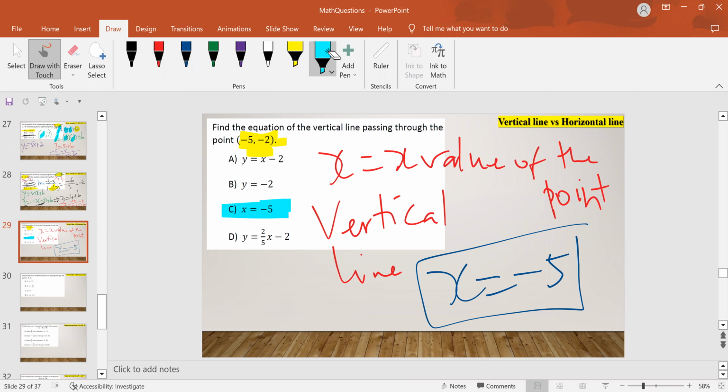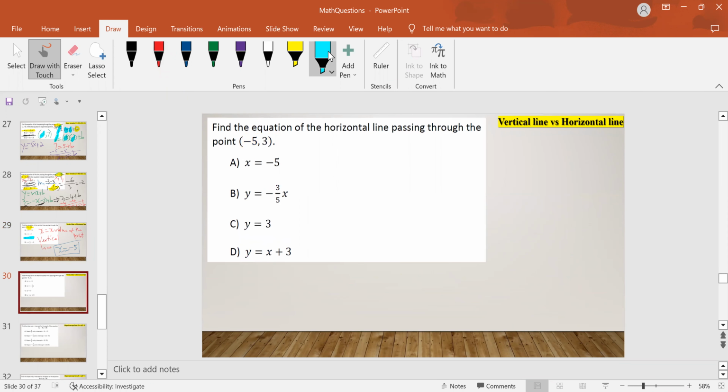So we have C. Now, what about a horizontal line? Let's see the equation for that horizontal line. What is the question here? Horizontal line, and this is the given point. So if it's a horizontal line, we're going to have y is equal to the y value.